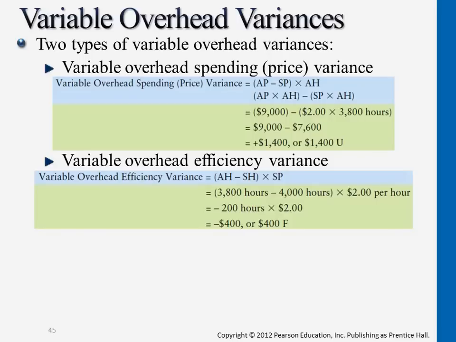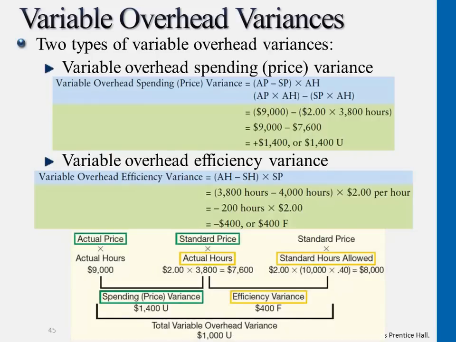Here the actual hours they spent on producing 10,000 DVD sets was 3,800 hours, but they're actually allowed to use 4,000 hours. Each DVD set should be about 0.4 hours. Okay, so we had a cost saving of 200 hours, and then we multiply by the standard price again. Originally what we had was $2. So this will give us 400. Considered favorable because we spend less hours on producing 10,000 DVDs.